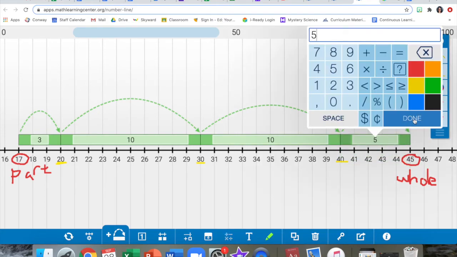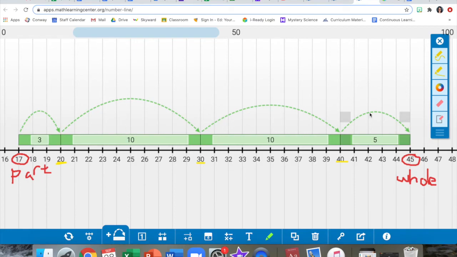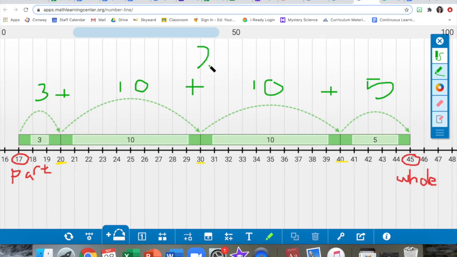Okay, now to figure out how many that was, I just need to add up my jumps. Let's see, so we'll have 3 plus 10 plus 10 plus 5, and that will give us the part that is missing. I know 10 plus 10 is 20, and I know 5 plus 3 is 8, so once again the answer is 28.